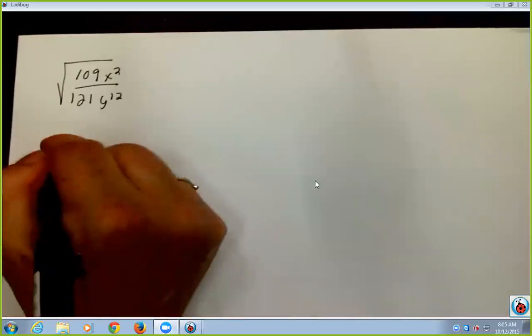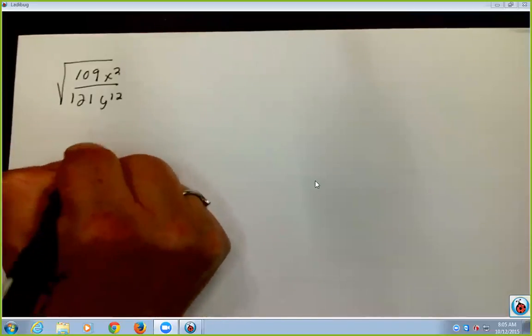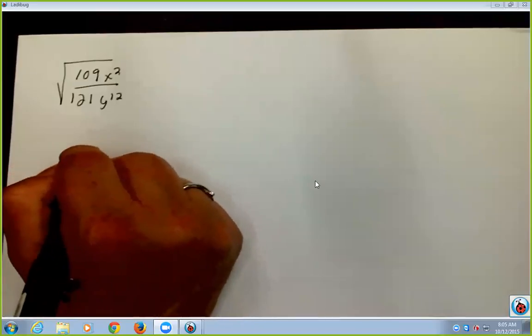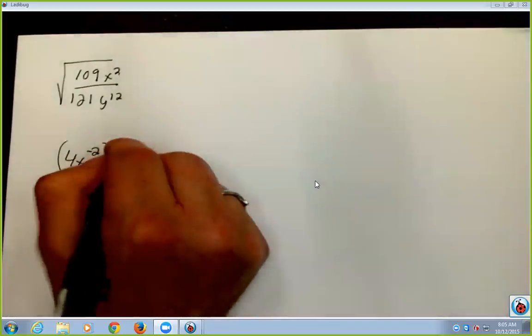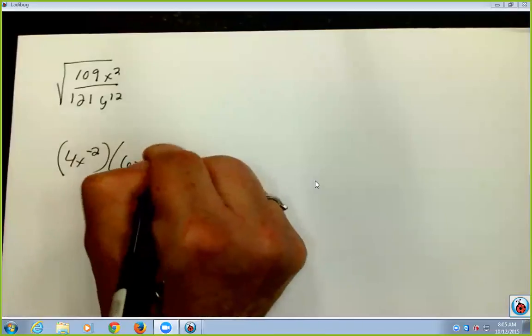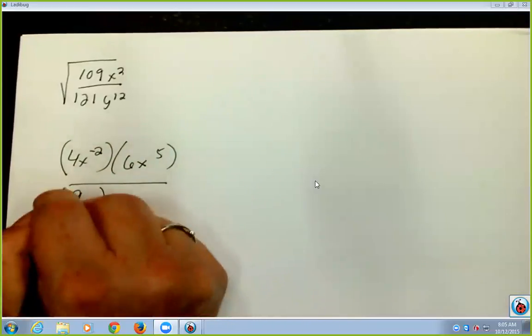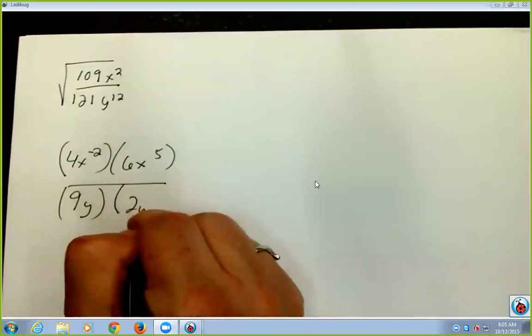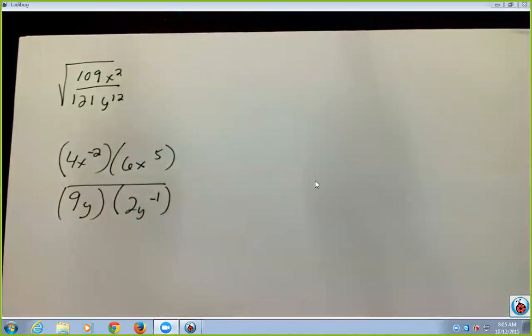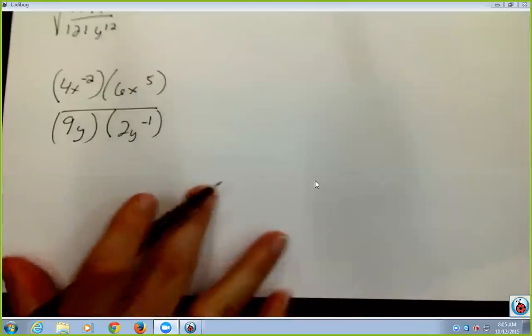Something like this one. We'll try this one. 4x squared, 4x to the negative 2, 6x to the 5th, all over 9y, and 2y to the negative 1st. Something like that? Or am I still off? I'm still off. Not this one.